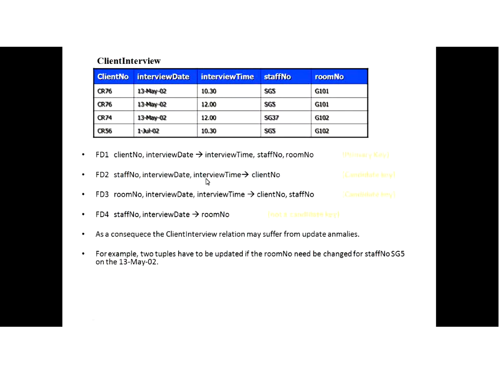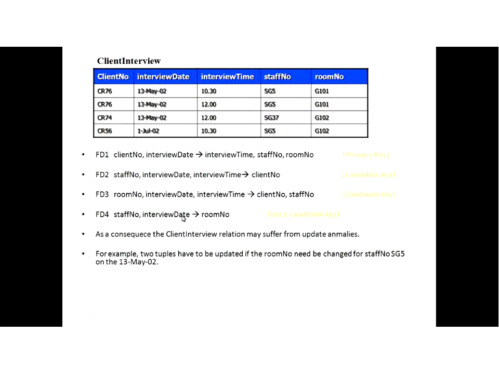Now if we say staff number, interview date and interview time, then this is depending on client number and this is a candidate key. Similarly, if we make a different combination, then these are also candidate keys.